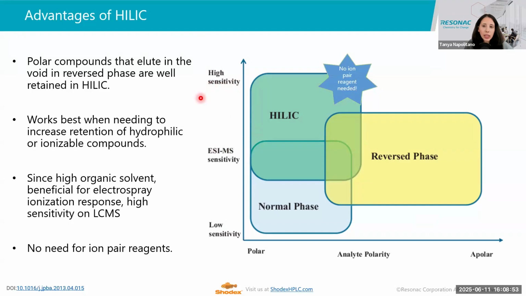The high acetonitrile enhances ionization efficiency in electrospray sources, which leads to better sensitivity. HILIC methods also tend to be more MS friendly overall. There are no ion pair reagents required, and mobile phases are often simple and volatile. So if you're analyzing polar or ionizable analytes, HILIC gives you retention, resolution, and MS sensitivity in one platform.